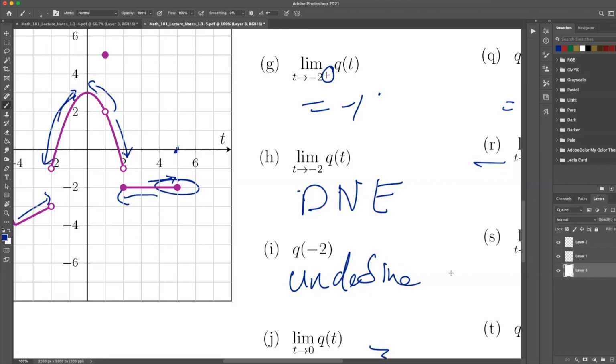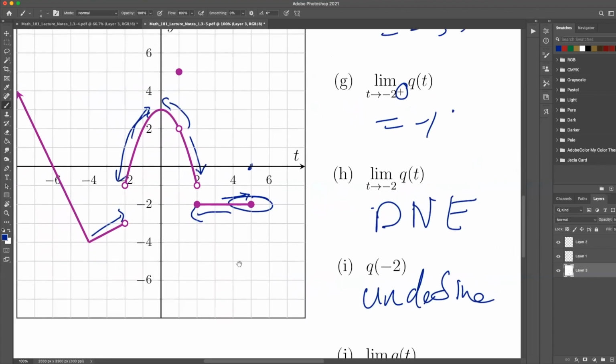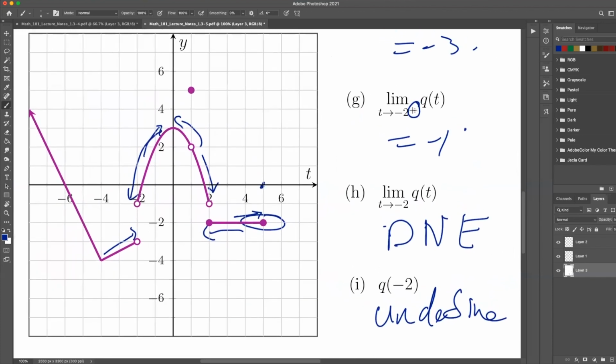Let's do the same for -2. For -2, when we're looking from the positive side, we're only really looking at this line, because from here on, it's the function value for values which are slightly greater than -2.